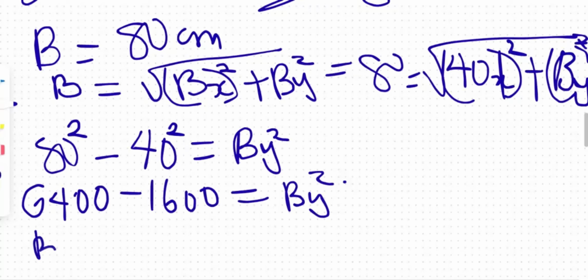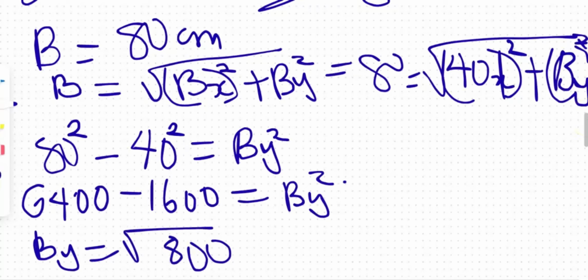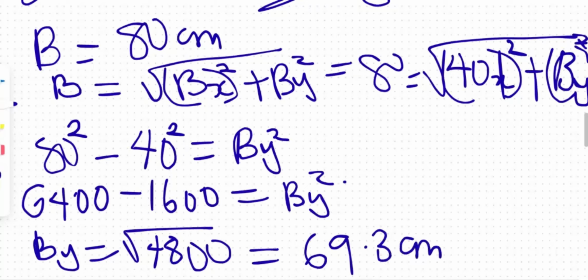For us to get by, it would be the square root of this value, and that will be about 69.3 centimeter. So the by will be 69.3 centimeter.